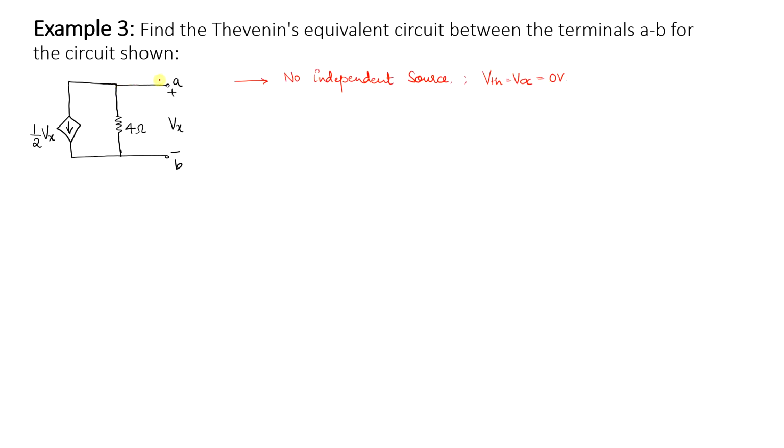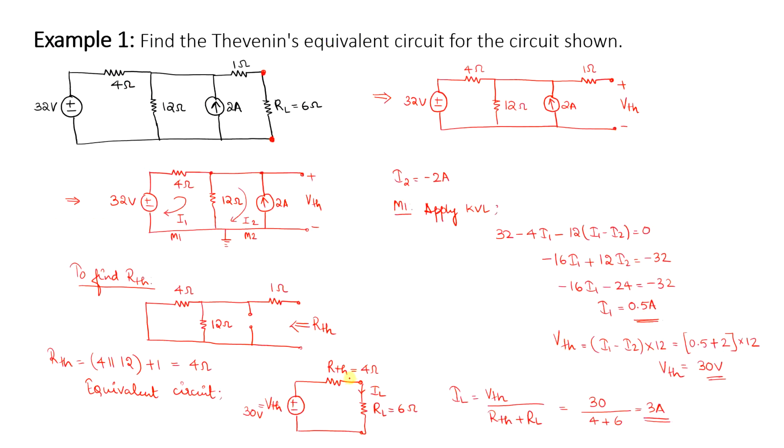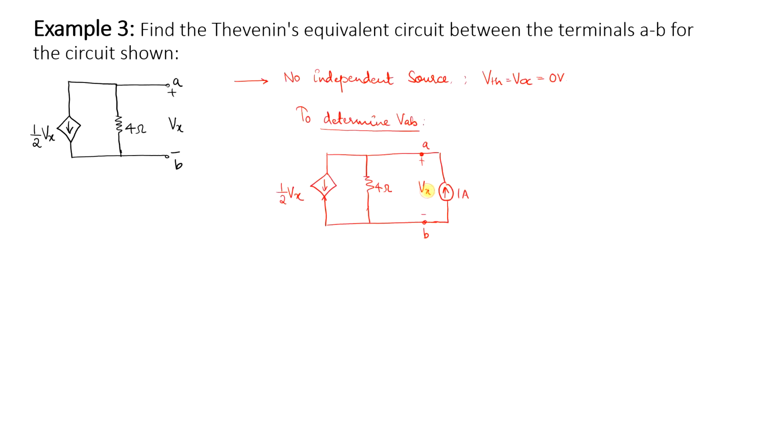So to determine VAB, since you don't have any energy source, you need to connect a 1 amp current source to the terminals AB. So in this circuit we will connect 1 amp across the terminals AB. So a 1 amp current source is connected to the open circuit terminals A and B.